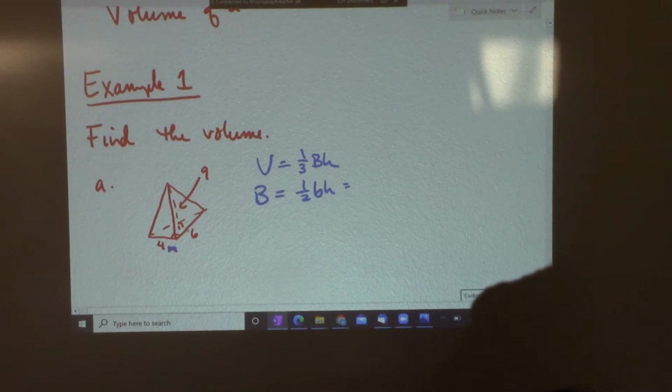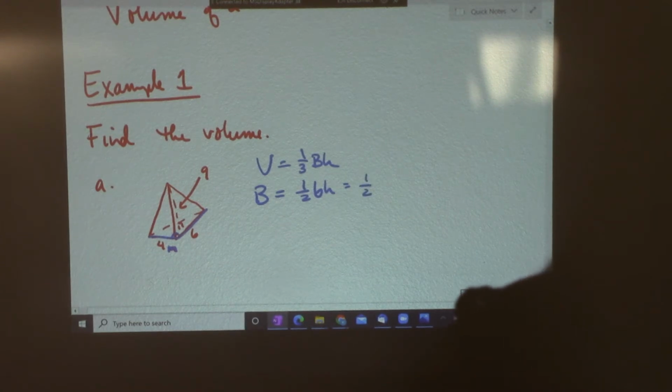So I've got my base here, that's the little b, and the height is here, and we know that because I have my little perpendicular or 90-degree symbol there.